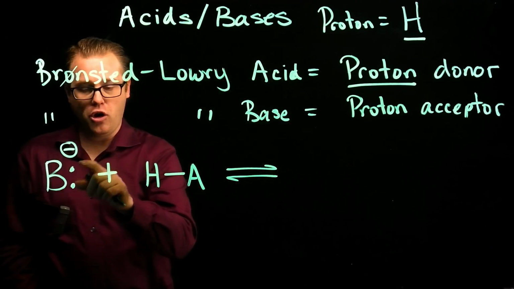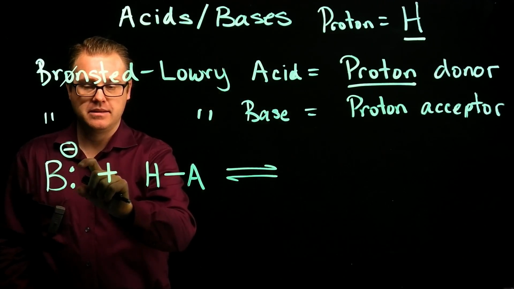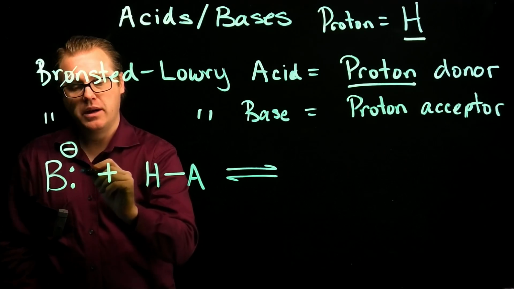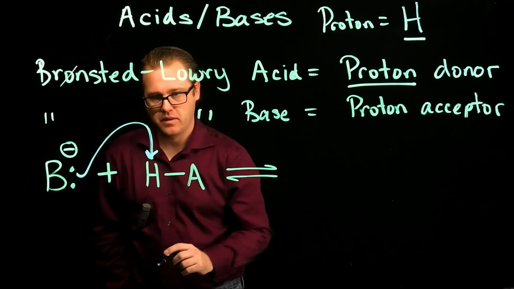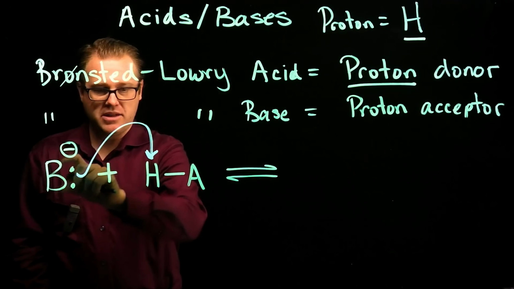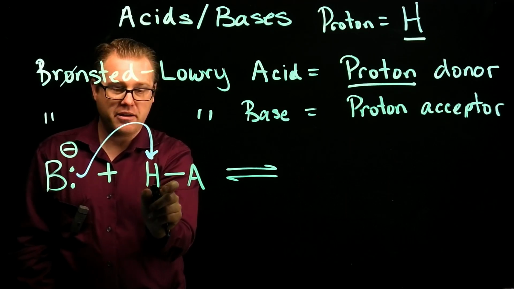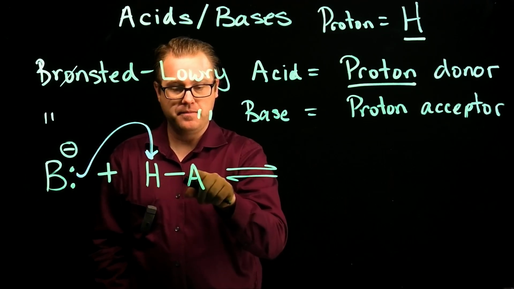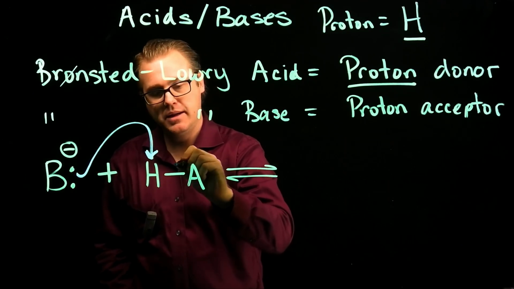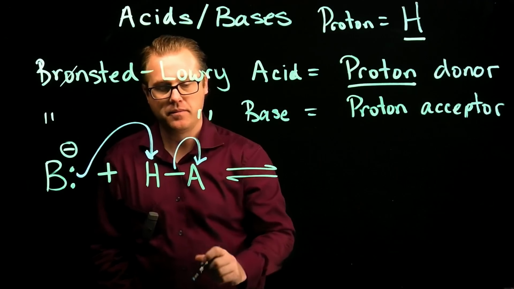The lone pair on the base is going to come and abstract that proton. So the base is going to form a bond with the hydrogen, and then the hydrogen-acid bond is going to break.